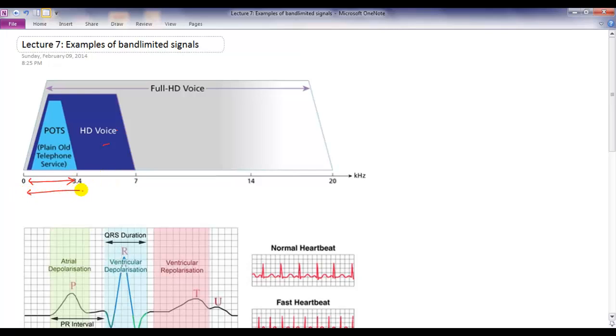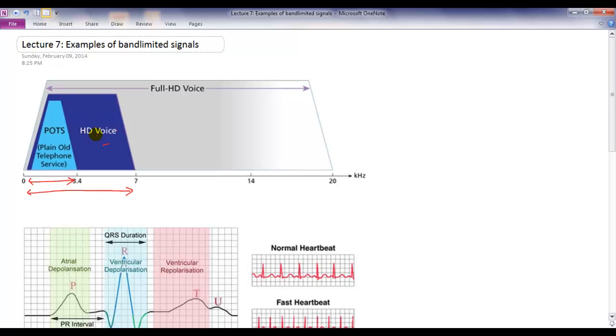HD voice preserves frequencies up to 7 kilohertz. So if you are using voice for better sounding purposes, you treat it as a band limited signal of 7 kilohertz, and you use a filter to throw out everything above 7 kilohertz before sampling, and you effectively now have a band limited signal.